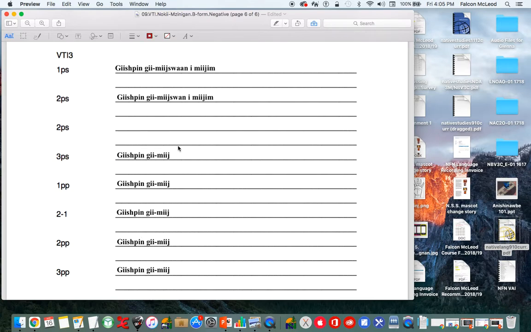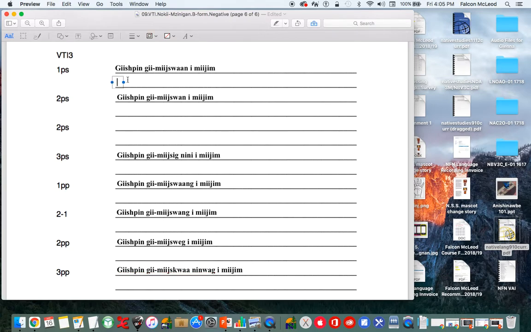I'll hopefully catch that and fix it for you guys. All right. So I put mijin in the negative B form for all 7 persons in Ojibwe.